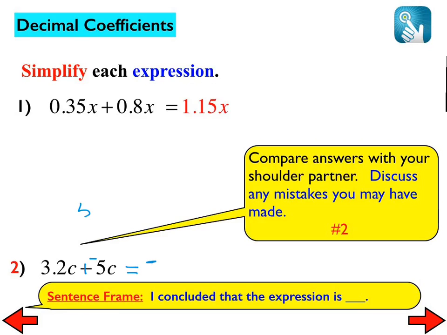Well, I have 5.0 negative C's, and I only have 3.2 positive C's. How many more negatives do I have than positives? I have 1.8 more. So the expression, I concluded that the expression should be negative 1.8 C.